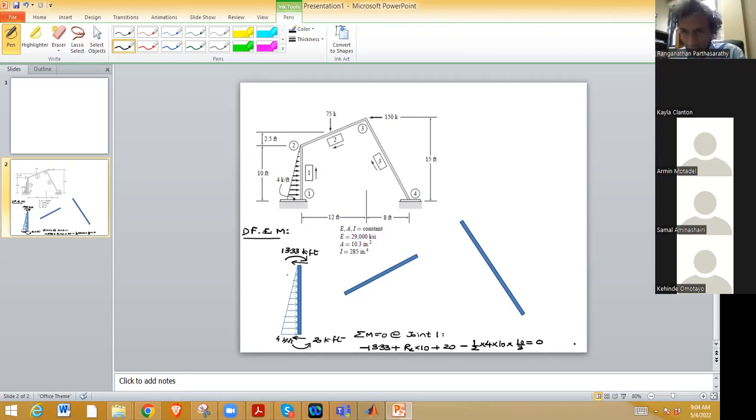So now let me calculate R2. R2 is 6 kips.